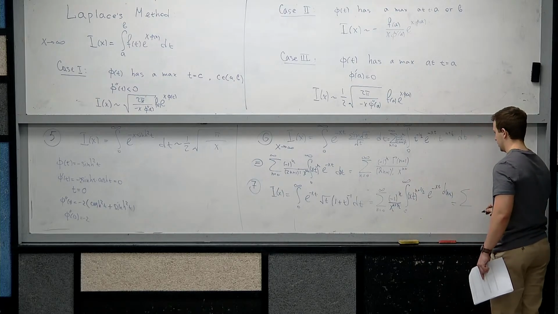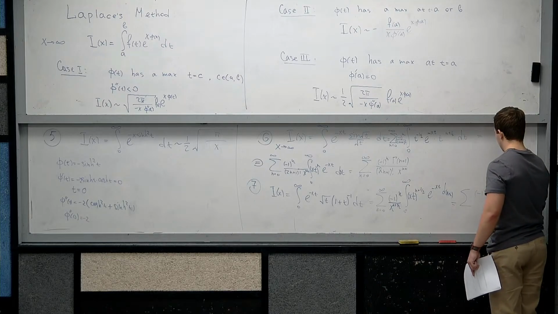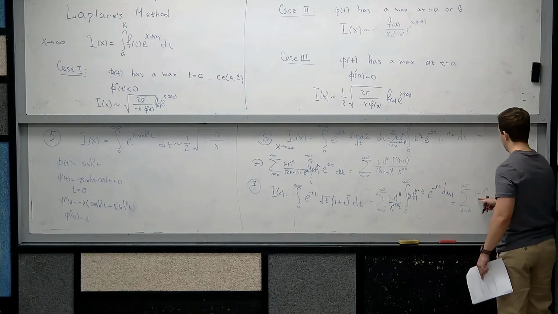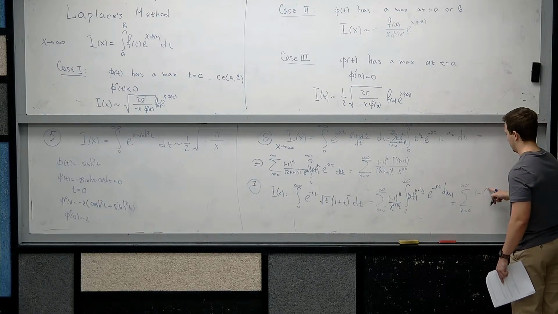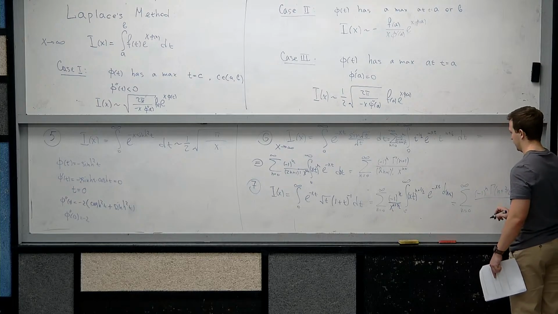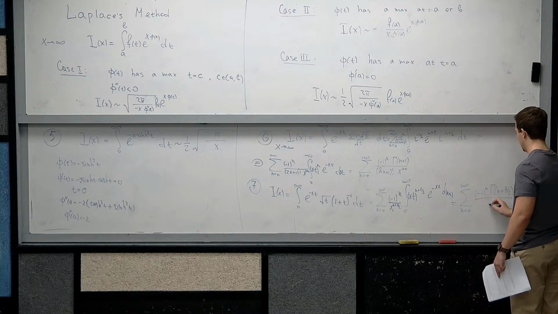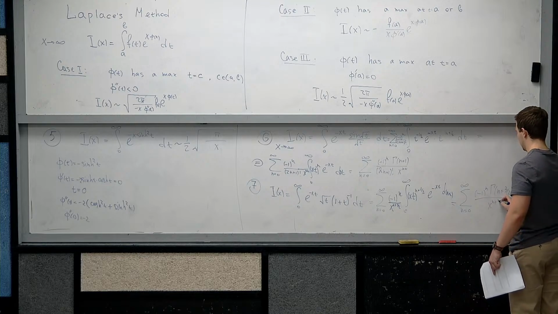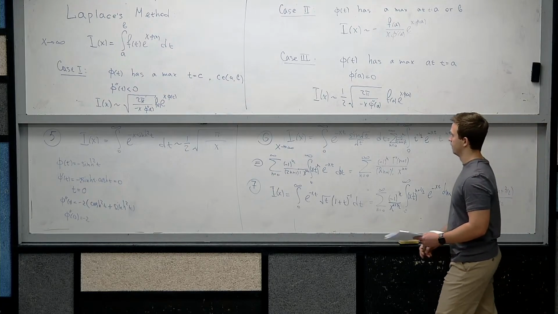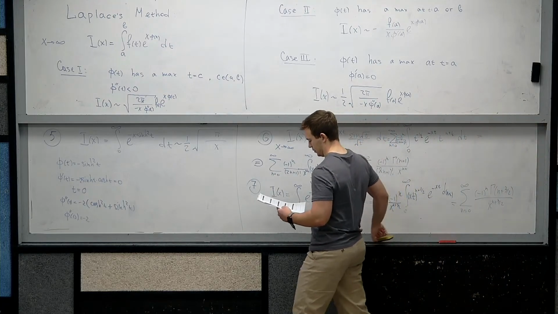So the asymptotic expansion is the sum over n from 0 to infinity of (−1)^n gamma of n+3/2 divided by x to the n+3/2. Okay, that's the answer.